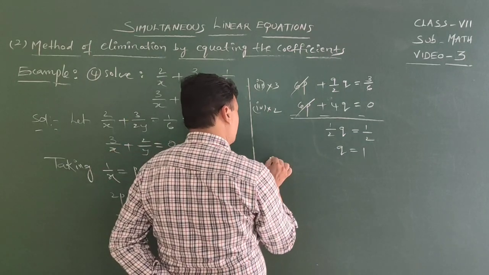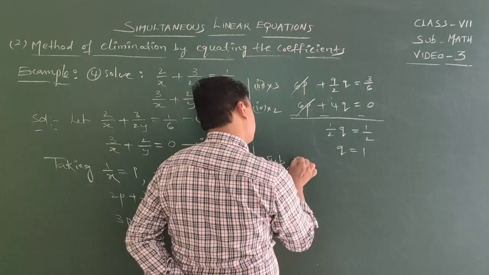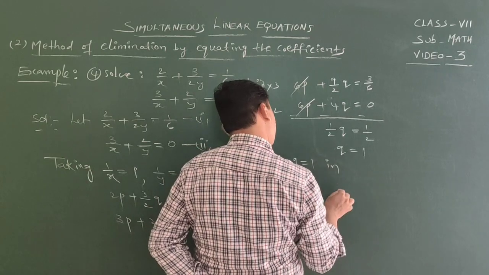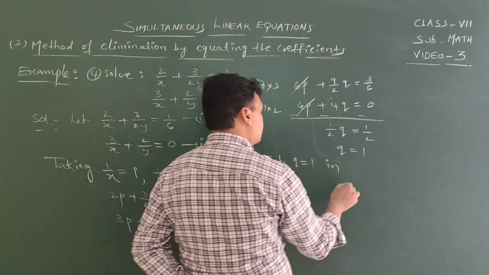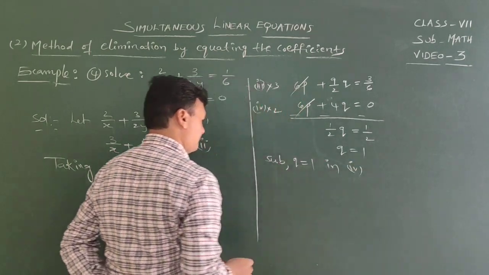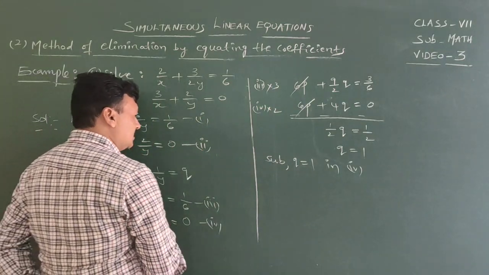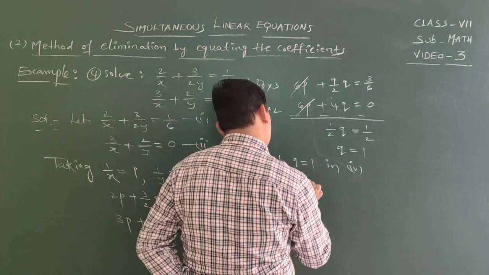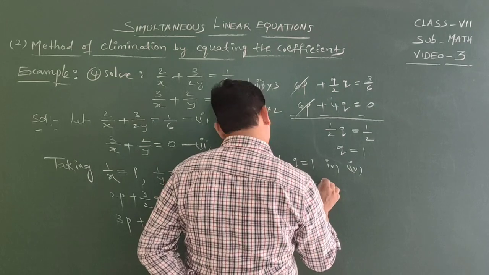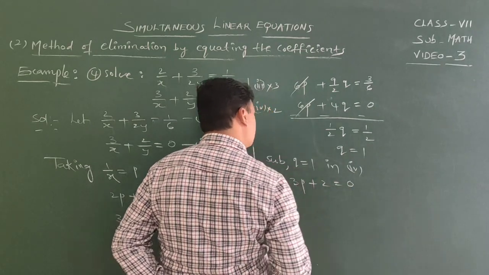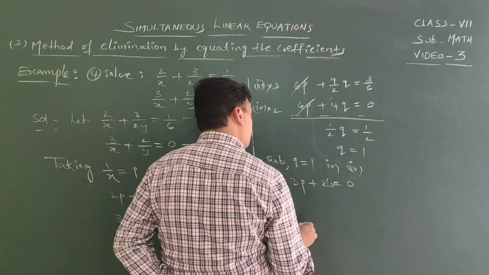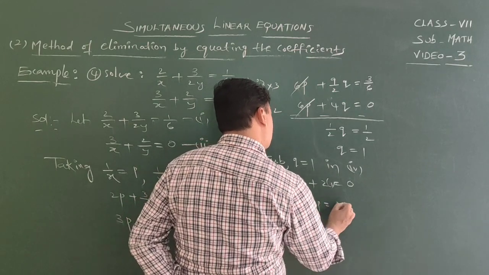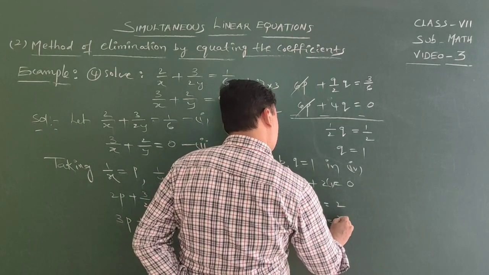Now substitute q in fourth equation, then 3p plus 2 equal to 0, 2 into 1. Here 3p equal to minus 2, p equal to minus 2 by 3.